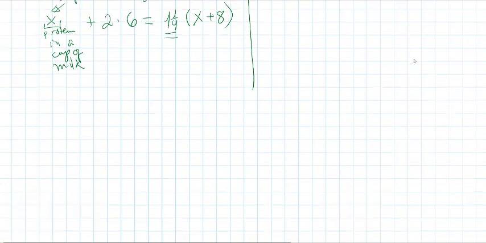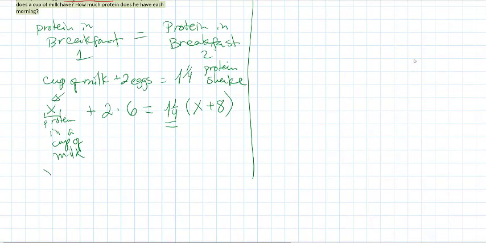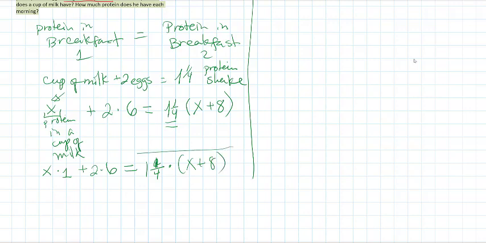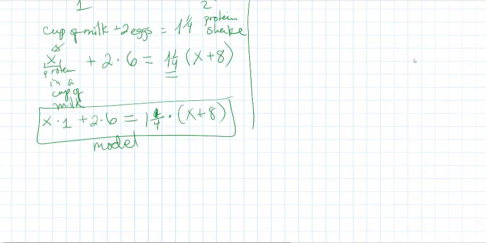Let's see, what do we have here? We have x, right? And times 1, that's 1 cup, plus 2 times 6 equals 1.25 times x plus 8. Okay, so this is our model, our new equation.